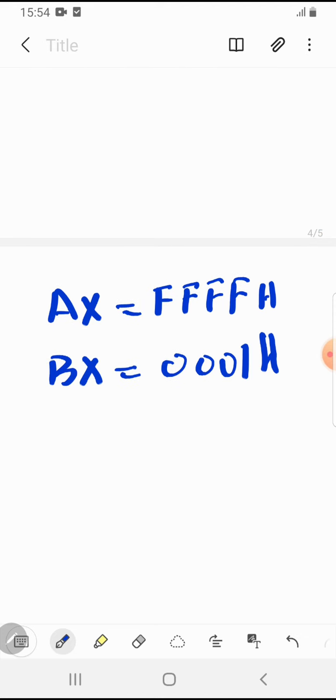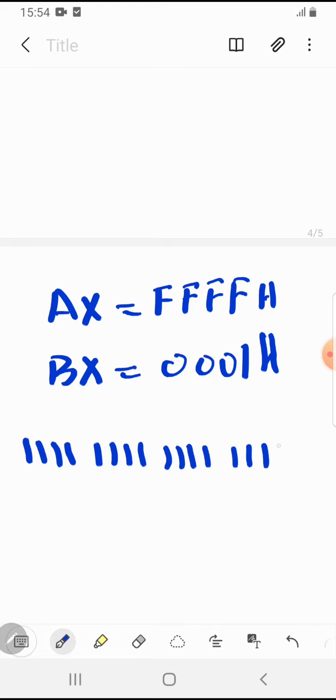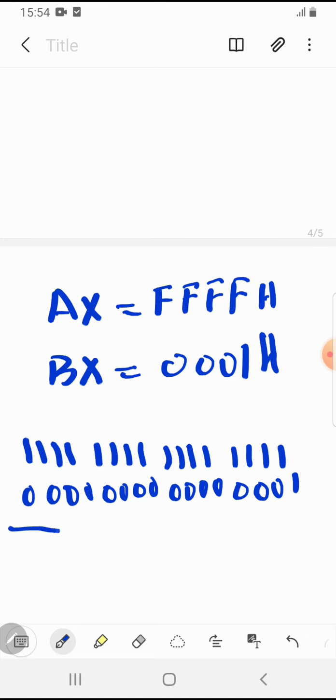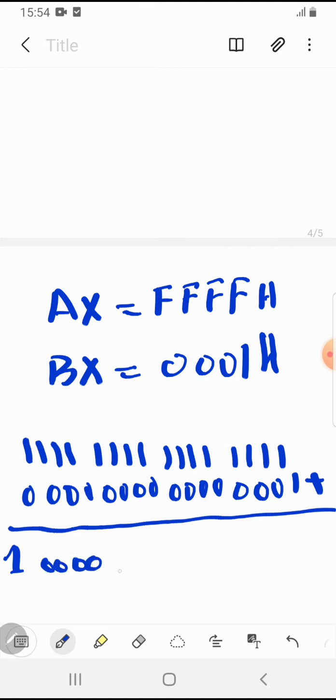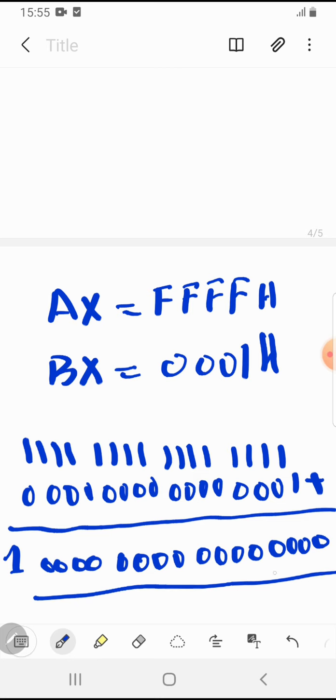If you write down its binary combination, you will have sixteen ones in place of AX and fifteen zeros followed by a one in place of BX. When you perform the addition of these two numbers, what will happen? You will get 1 at the place of the MSB, and the rest of the 16 bits will be 0. You can perform the bitwise addition here and you will get the same result.